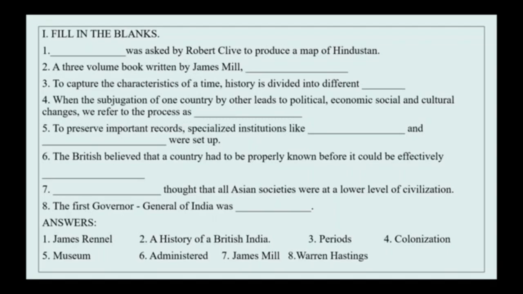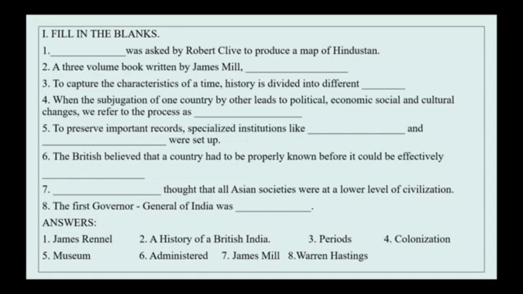Next, to preserve important records, specialized institutions like Dash and Dash were set up. Archives and museums were set up. Both archives and museums were specialized institutions.